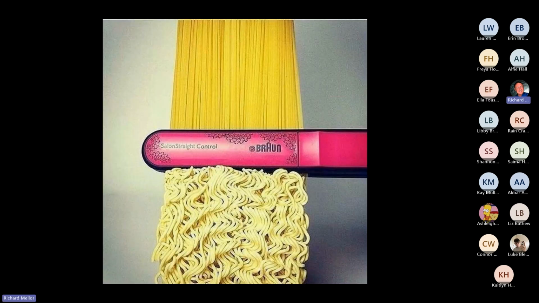And when Braun introduced their salon straighteners in the Italian market, they also used a juxtaposition, one to represent Italy and to represent the capability of the product turning curly hair into straight hair.